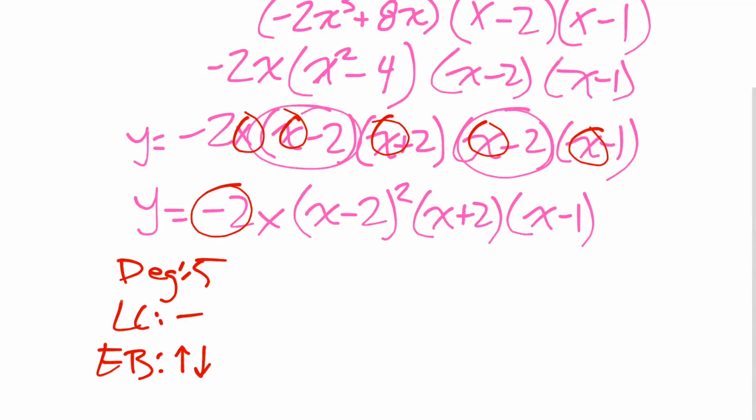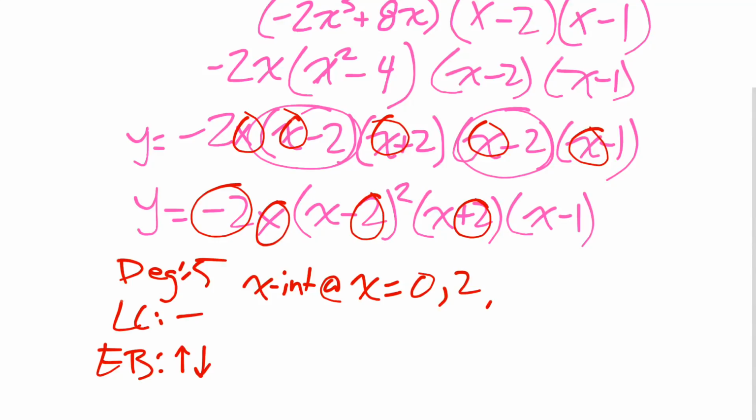What about zeros? Well, my x-intercepts will occur when x is, don't forget about that guy right there, 0, and that one, 2, and that one, negative 2, and the last one, positive 1.